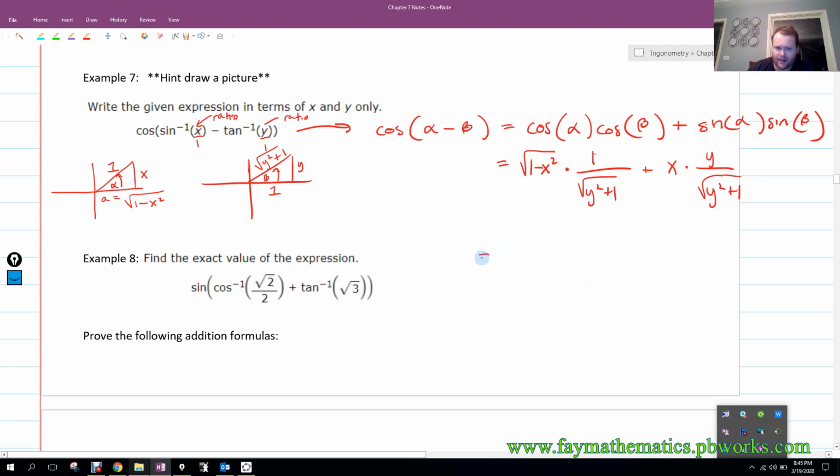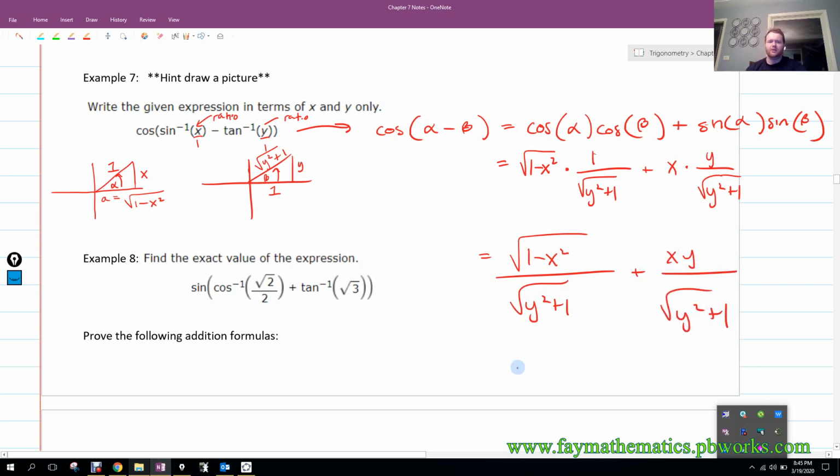This is going to get nasty, but we have the square root of 1 minus x squared over root y squared plus 1, plus xy over root y squared plus 1. If I want to clean this up, we could say that this is xy plus root 1 minus x squared, all over root y squared plus 1.